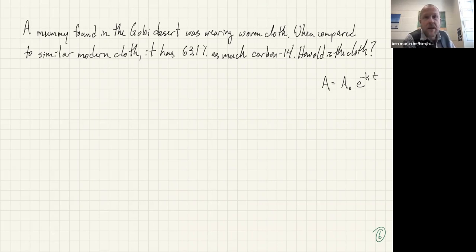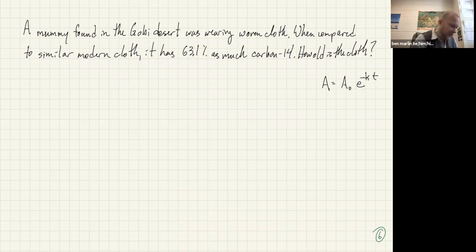In any case, when you take that cloth, I think it was some sort of wool, and you compare it to similar cloth using a Geiger counter, you can identify that the carbon that's in it only has 63.1% as much carbon-14 as what you see in modern cloth from similar sources. So we're going to try to find out how old that cloth is.